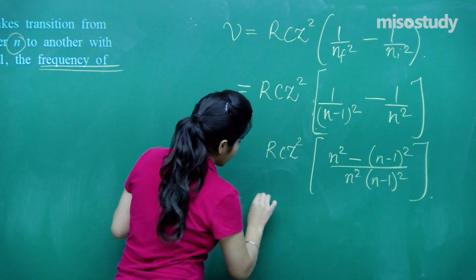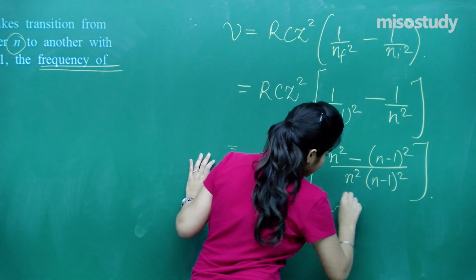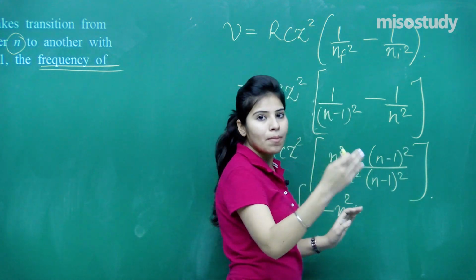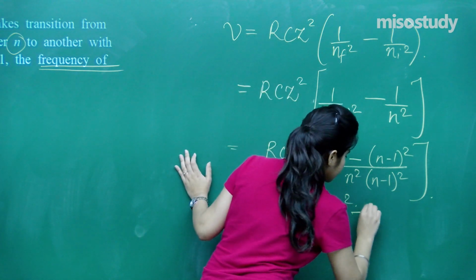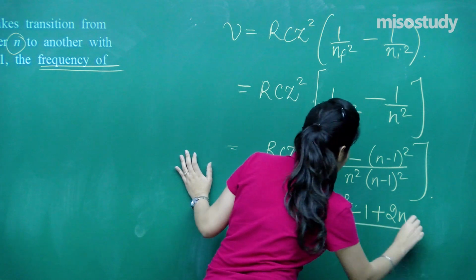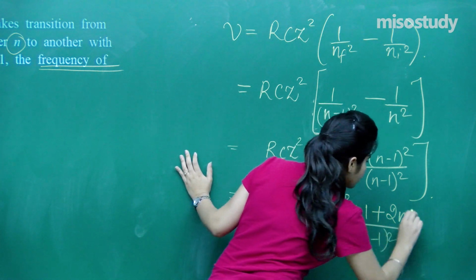So if you solve for this, you will have a square plus b square minus 2ab, divided by n square into (n minus 1) whole square.